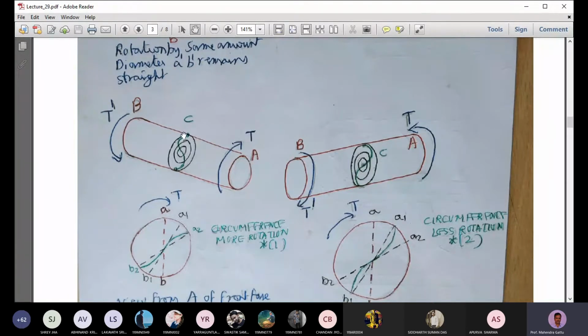This shape is anti-symmetric with respect to the center. Initially the diameter is straight, but after deformation it is taking this green shape. This is due to a twisting moment T applied at A and another twisting moment T prime applied at B. But due to force balance, this T prime will be equal to T.